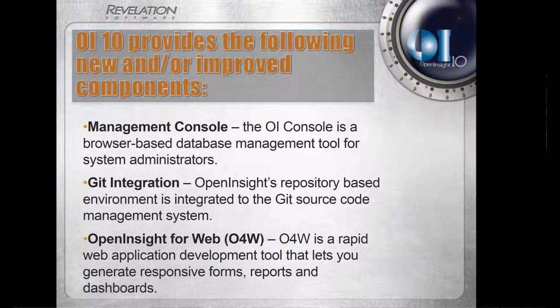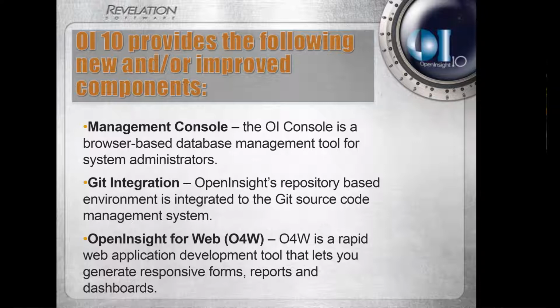One of the things that was lacking in the previous versions of OpenInsight was an administration tool for the database administrator of the OpenInsight product. What we have constructed is an element within the product called the Management Console. This is a browser-based interface, and it allows that database administrator to maintain and manage the entire OpenInsight database application.